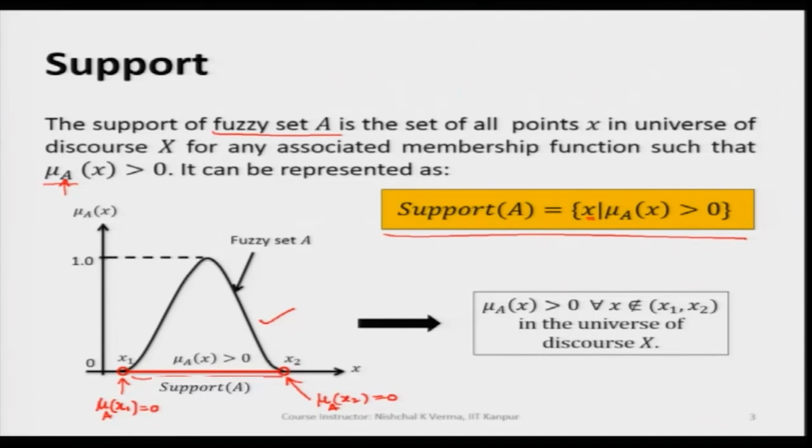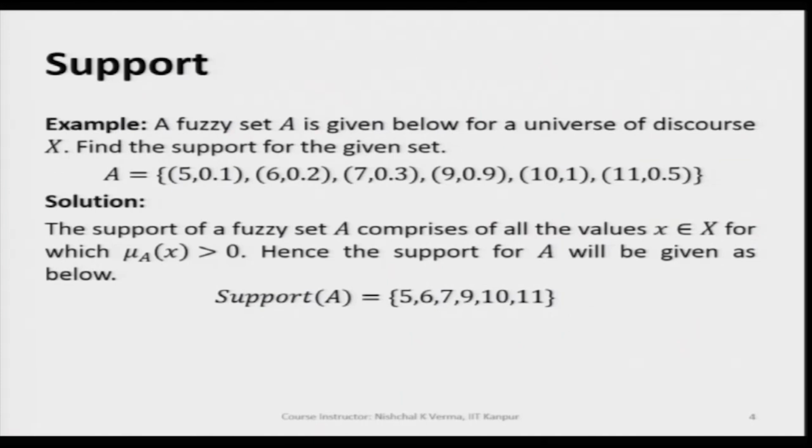So, we can clearly represent this line as the support of a fuzzy set A, and this fuzzy set is a continuous fuzzy set. So, let us now take an example where the fuzzy set A is a discrete fuzzy set.